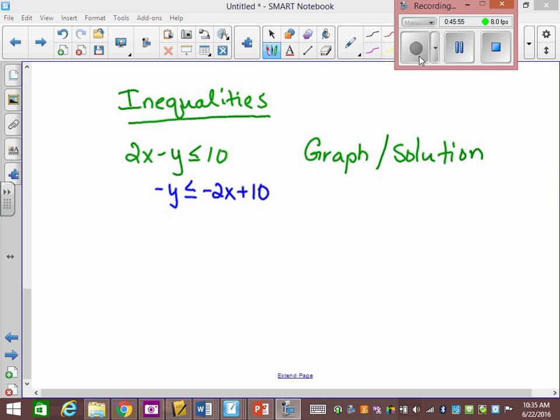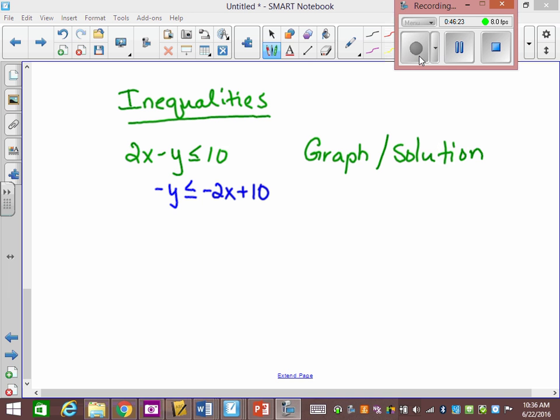Because what some people do is they'll take this y and move it over here so that it's a positive, and then they don't have to divide. And then you're reading y is greater than or equal to, but people don't read well from that side. If you can read from the y towards the inequality sign, people are really good at going, if it's this way, then it's less than. If it's this way, it's greater.